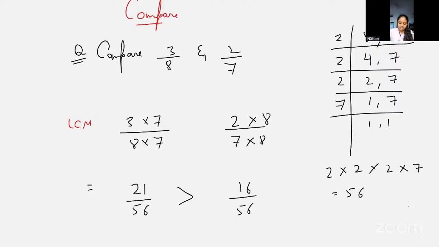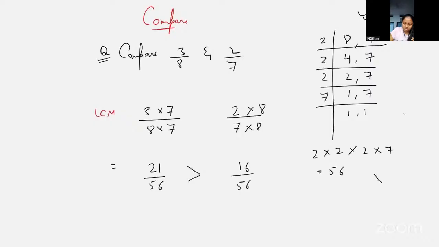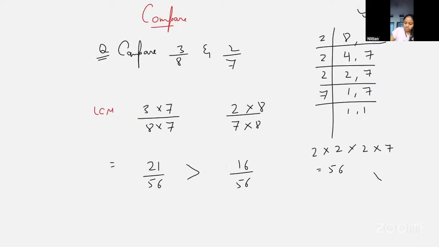Or you can also write it as 3 by 8 greater than 2 by 7. This is comparison of fractions. If you get a question on comparing fractions, number one, we take the LCM of the denominators and find the common denominator.